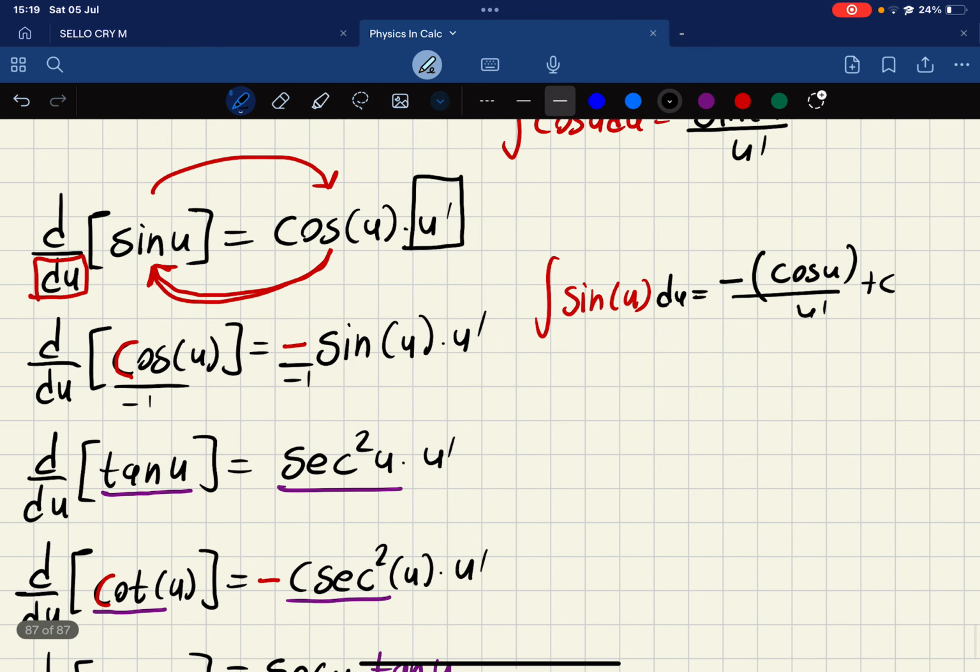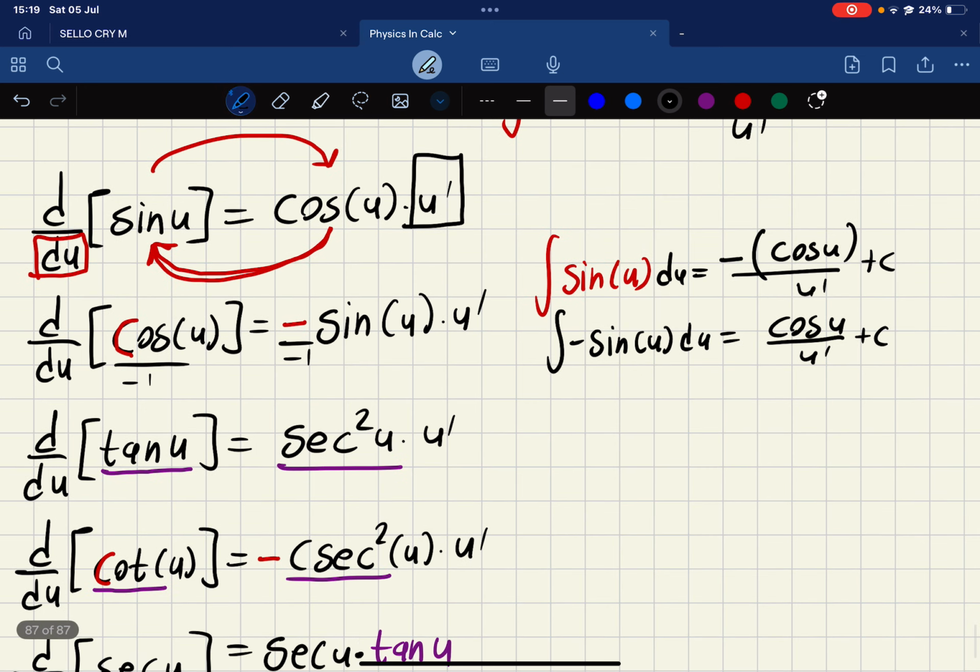Or you can just say the integral of negative sine u du equals cos u over u prime plus c. Just like that. So it means whenever you are in a situation whereby you don't have a negative, you have to manipulate. I will show you how to manipulate.